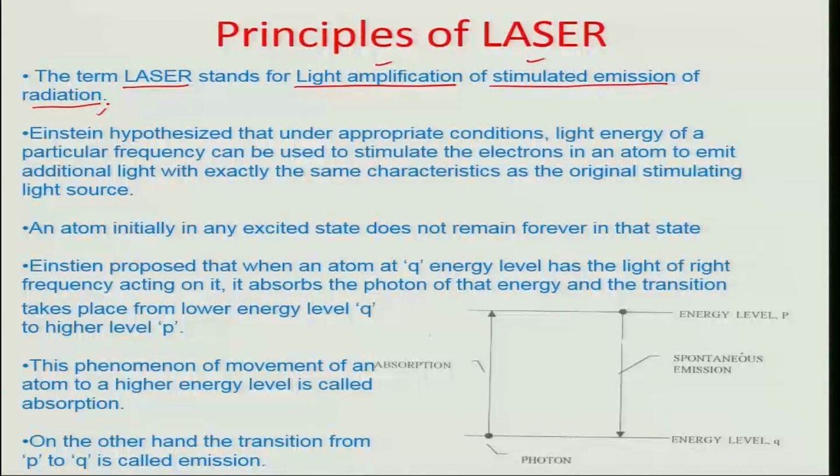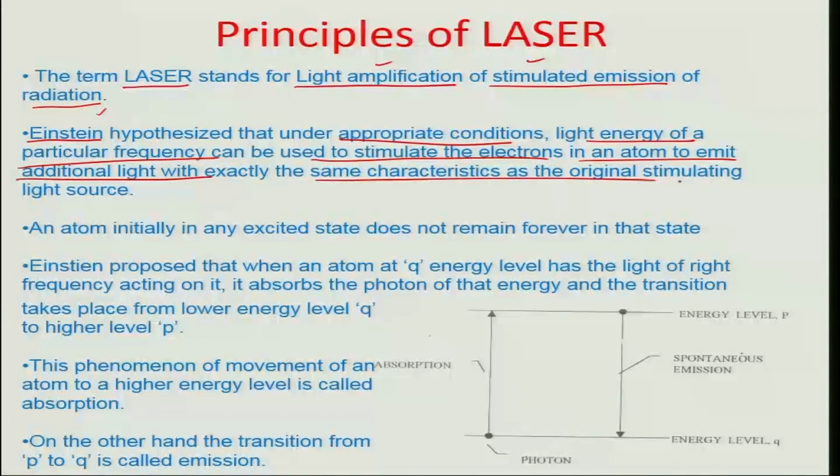The whole story was first hypothesized with Einstein's hypothesis that under appropriate conditions, light energy of a particular frequency would be used to stimulate the electrons of an atom to emit additional light with exactly the same characteristics as the original stimulating light source.